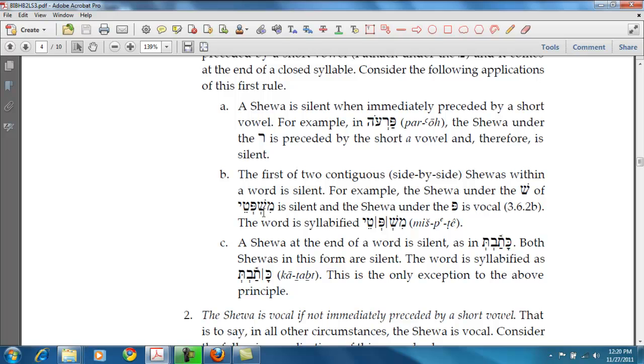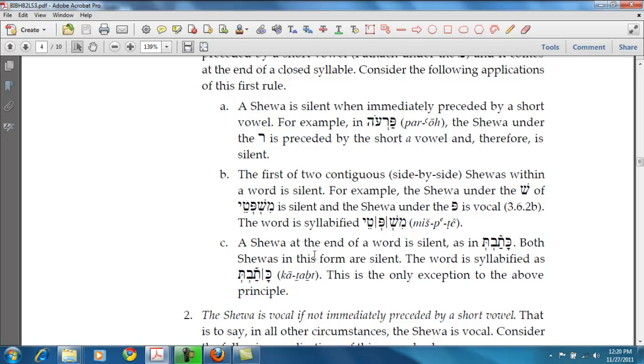A good rule is that when there are two side by side, the first one does the walking, the second one does the talking. So the Shava under the shin is silent, and the Shava under the pei is vocal. The word is broken into syllables as mish, pe, tei.